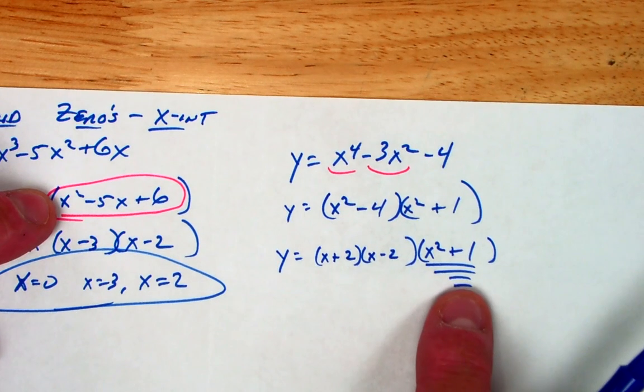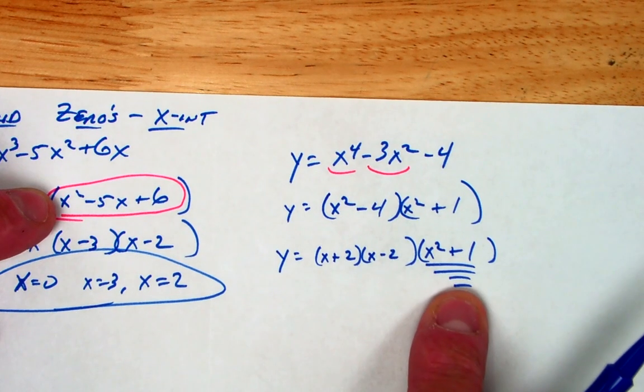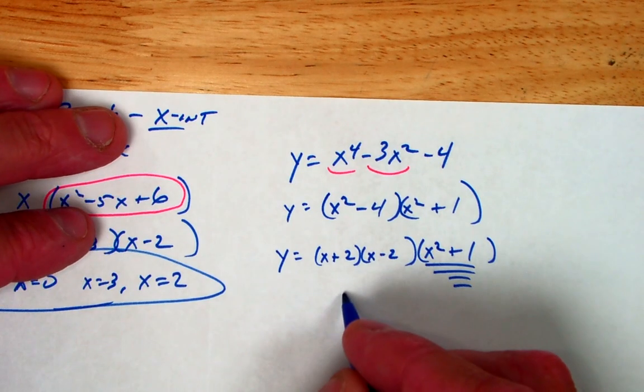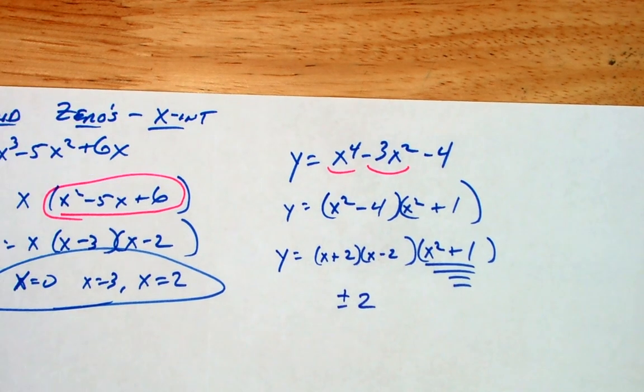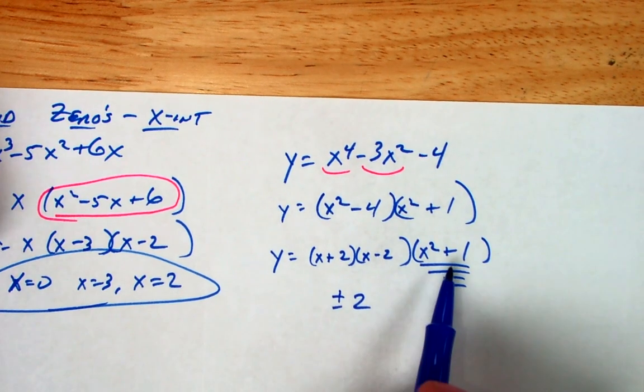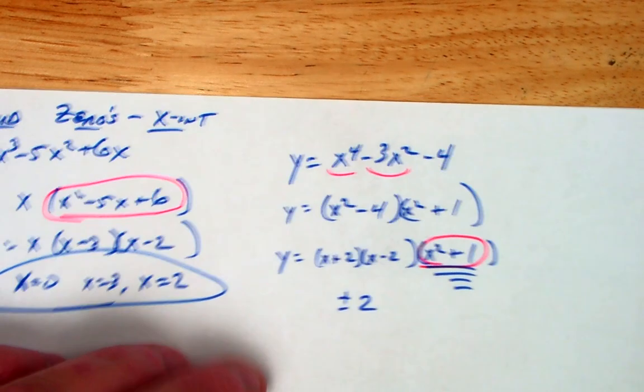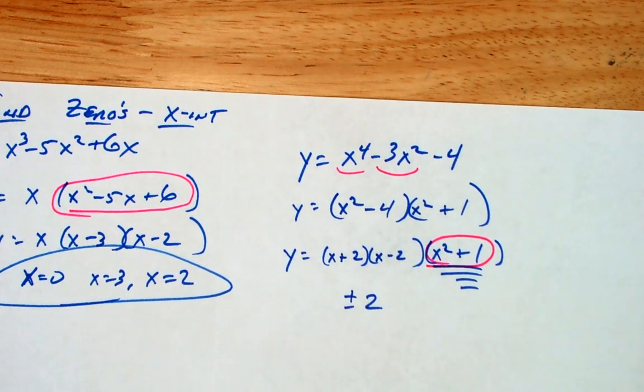But there are still solutions with the x minus 2s. So my x-intercepts are 2 and negative 2. The sum of two squares you can't factor. And if you think about it, why? It would give me imaginary values because I'm squaring something and adding 1. x is not going to be real.